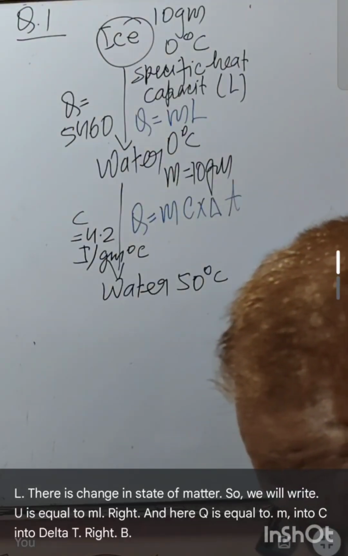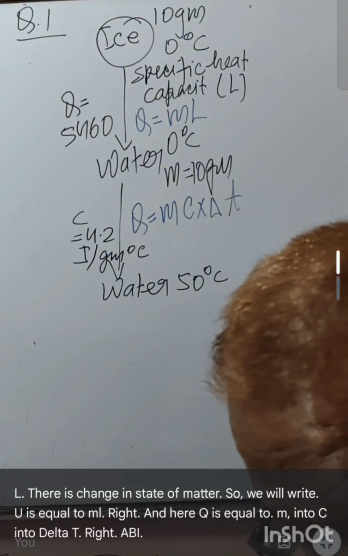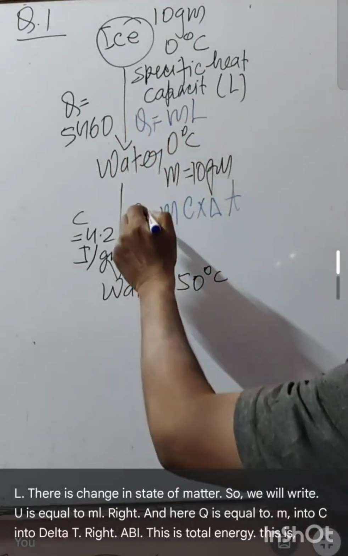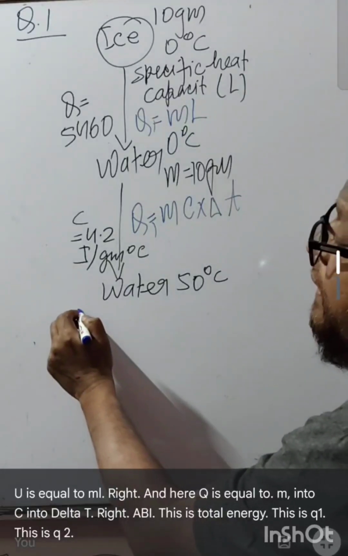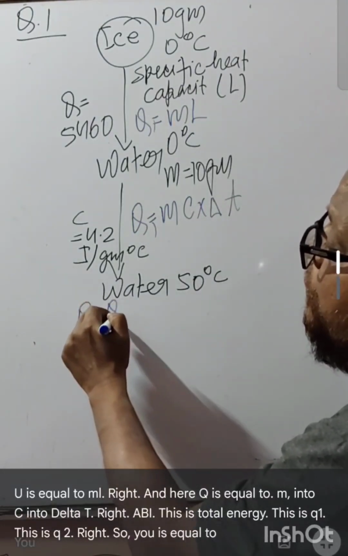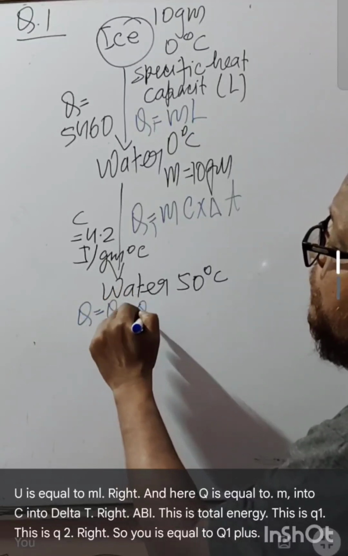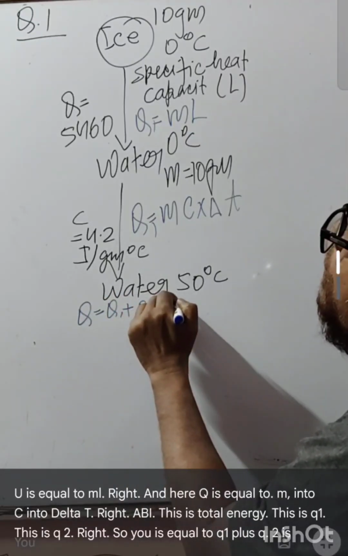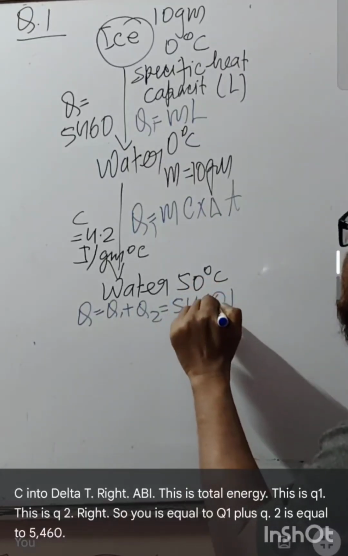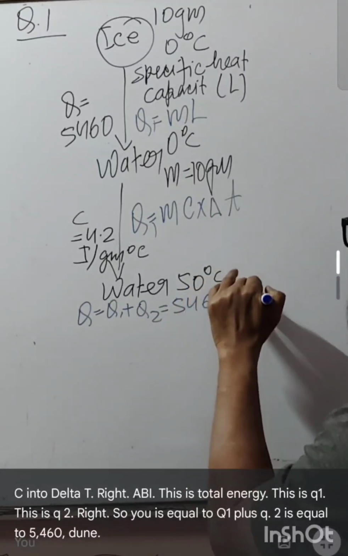This is total energy. This is Q1, this is Q2. So Q is equal to Q1 plus Q2 is equal to 5460 joule, right?